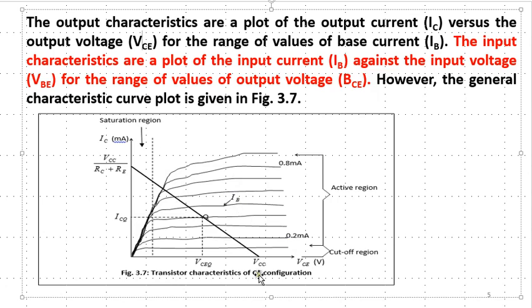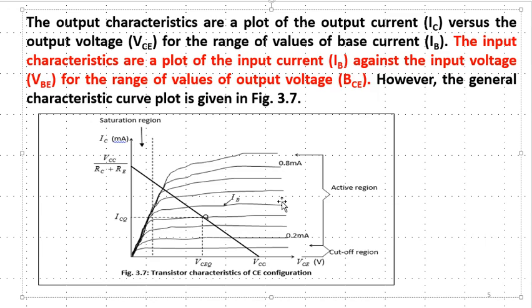If we look at this carefully, we can see that there is a lower part here, and we call it the cut-off region. This is a region where the amount of base current supplied to the transistor is not enough to push the transistor into conduction, so the transistor is not operating. Between the end of the cut-off and this terminal, we have what we call the active region. These are the ranges of different values of base current which, when applied to the base, put the transistor in conduction.